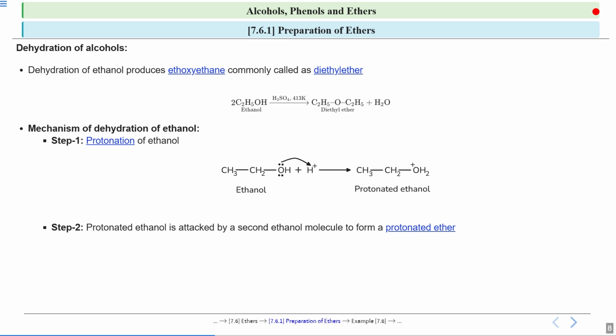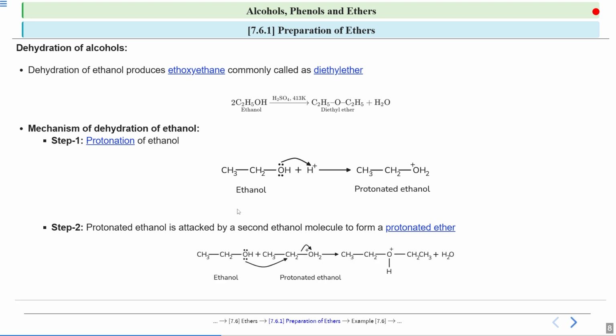Look here, this is your protonated ethanol which we got from step 1, that is CH3CH2OH2. On oxygen, you have a positive charge. Now this oxygen never likes the positive charge because it is an electronegative atom, so it always wants to leave if it has a positive charge. Now see, we have another ethanol molecule.